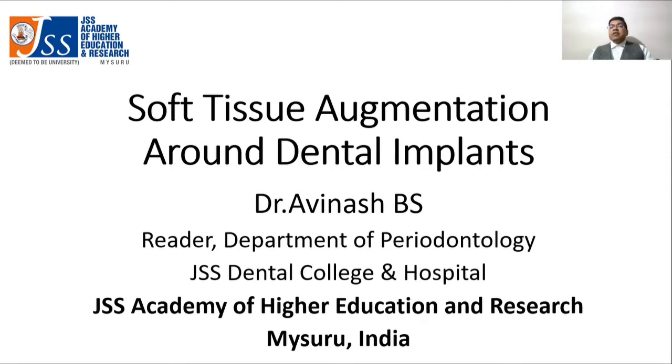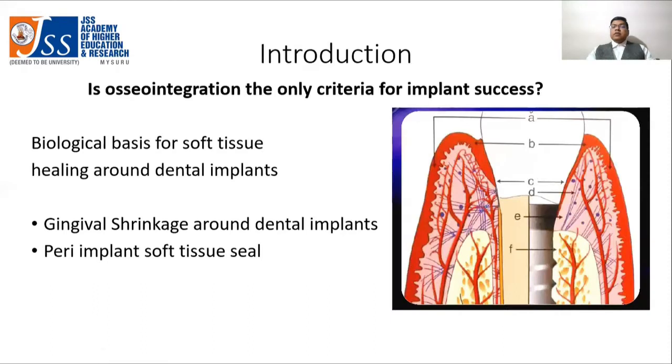Today, I will be talking about the role of soft tissue augmentation around the implants. We all know that success of dental implants largely depends on the osseointegration. However, as reported by many researchers, peri-implantitis poses threat to this perception that osseointegration is not the only factor that is responsible for implant success or failure.